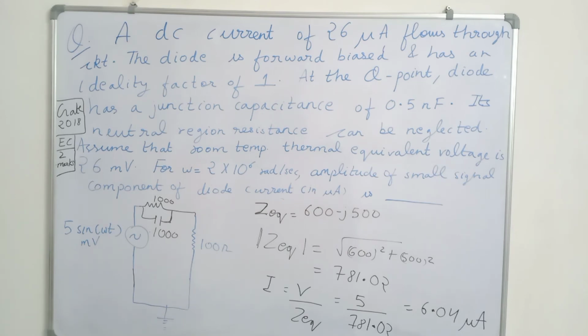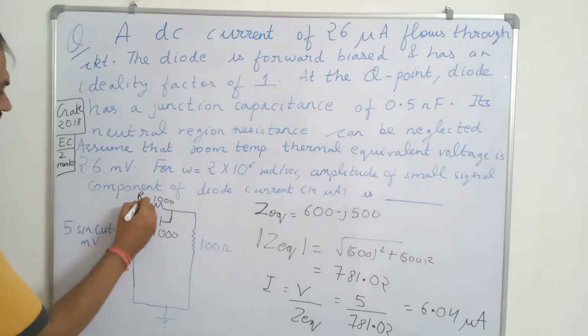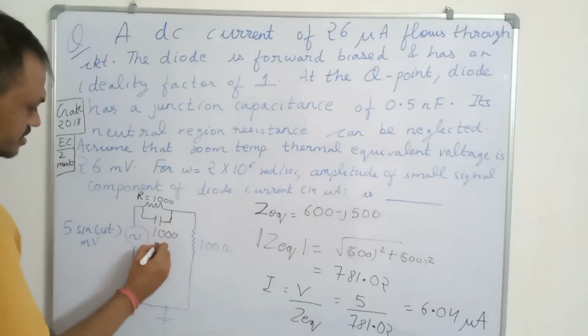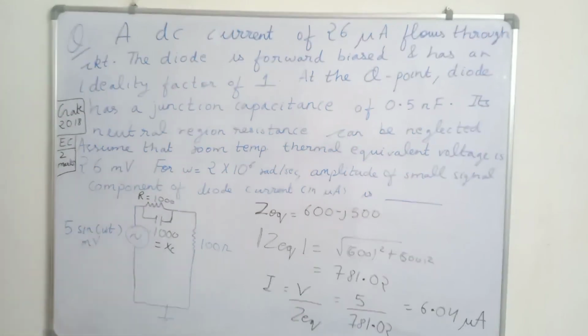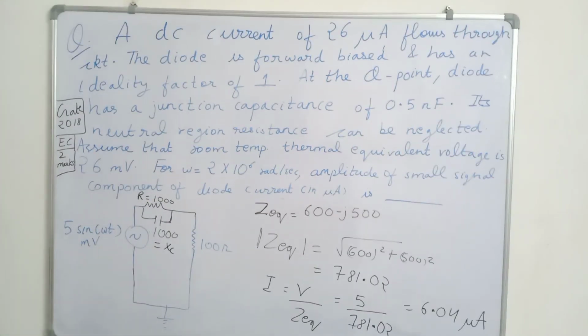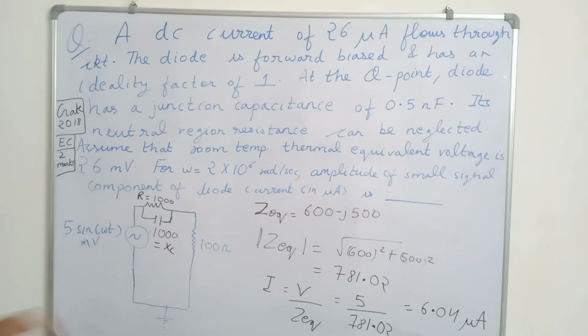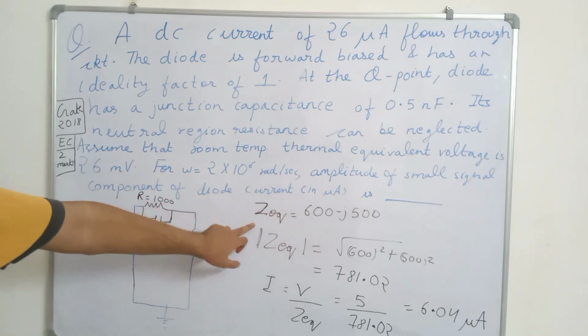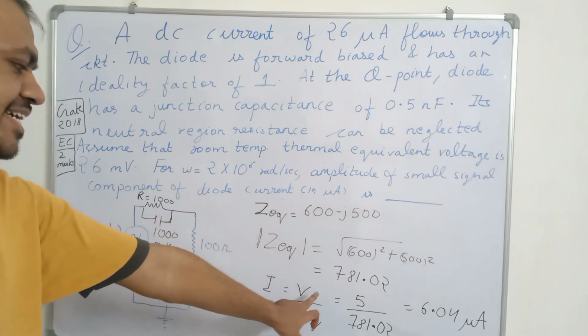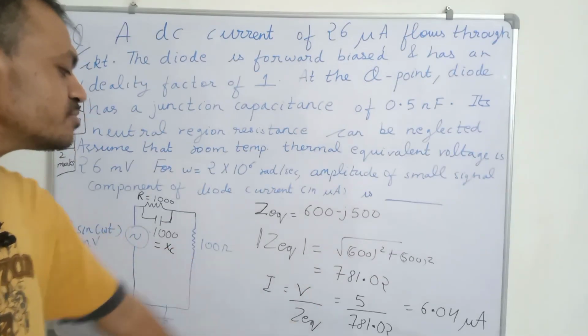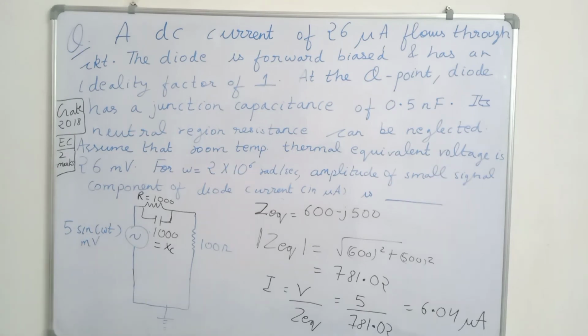So 1000 will be in parallel with j1000, plus 100. When we found the equivalent impedance, we took its magnitude and divided the voltage by the magnitude of the impedance, and we got the small signal component of diode current.